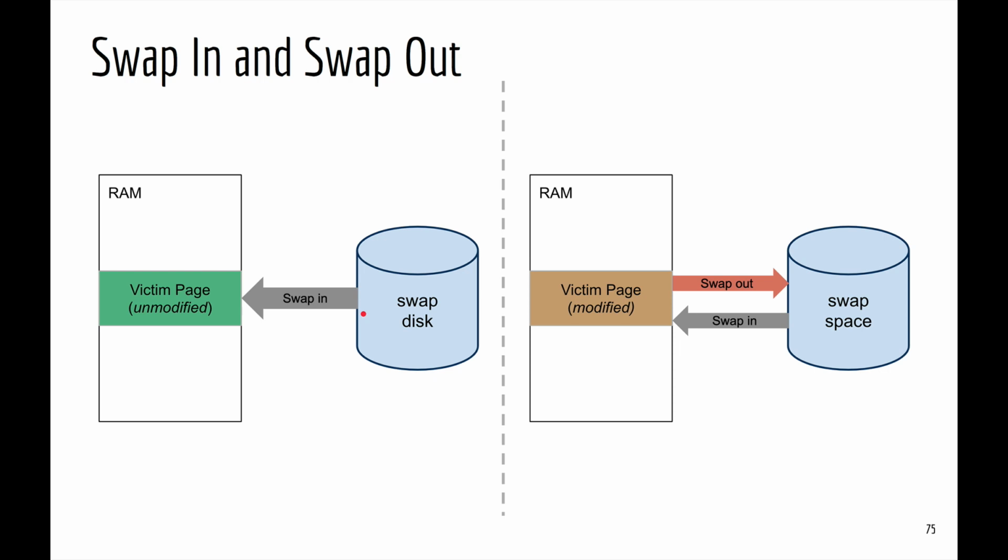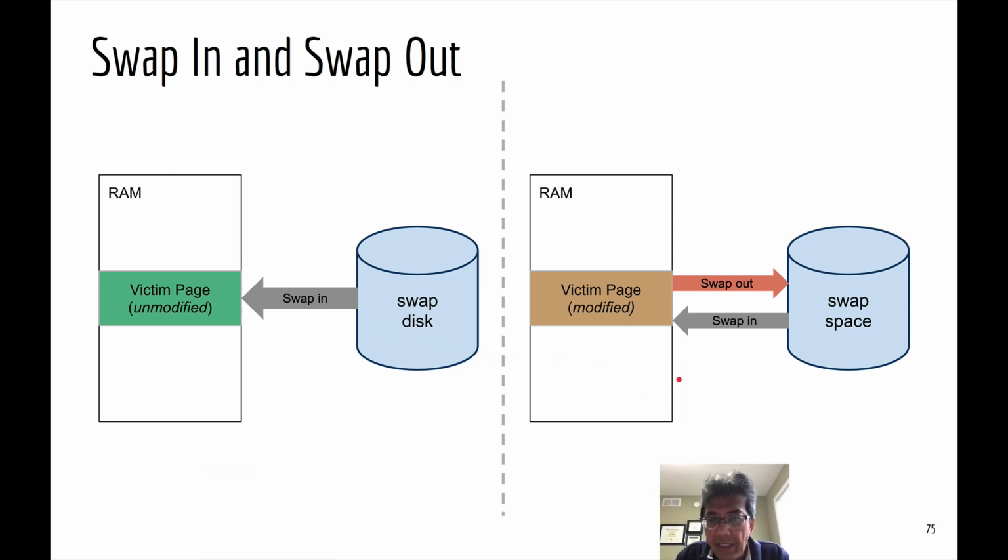The next algorithm, 2-bit clock, is an improvement to the 1-bit clock algorithm. To understand what it's trying to improve, let's look at the case when the page fault handler is about to bring in a page from the swap disk. On the left side of the screen, you see a victim page which was not modified. That means the page fault handler can just replace that page with a new page from the swap disk.